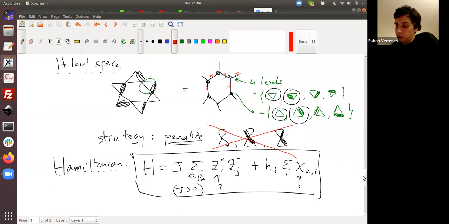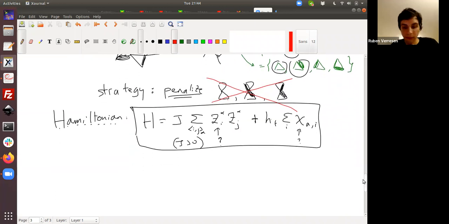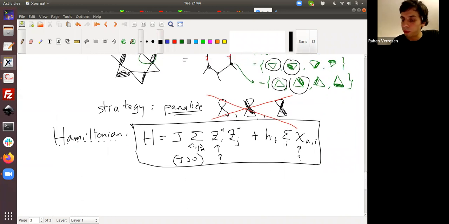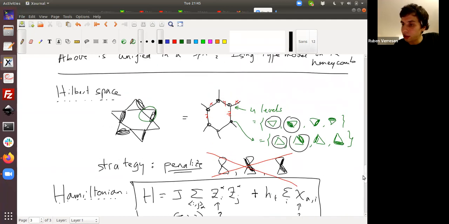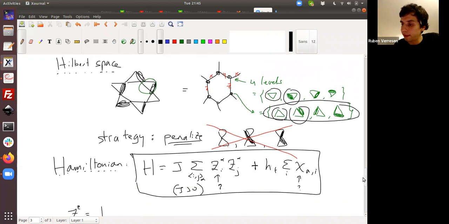Okay, so let me introduce this diagonal operator. Since what we wanted to do is to penalize these terms, clearly what it needs to do is somehow detect the absence or presence of a dimer, right? So let me introduce Z for alpha equals Z. I'll define its action on this 4-level state.